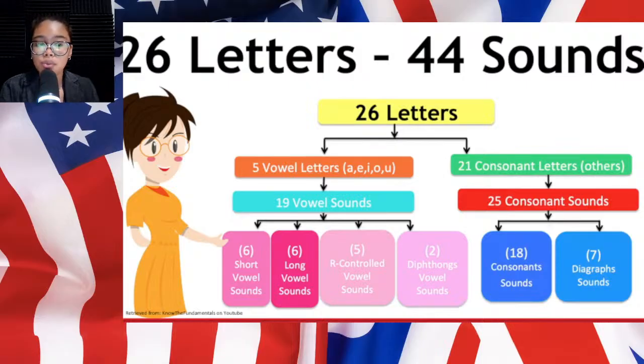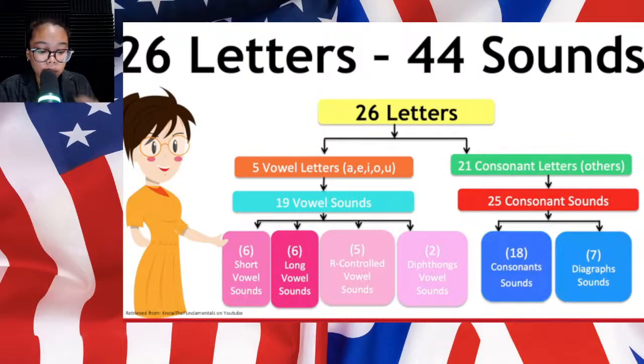So we can assume, not assume, but yes, there are consonant letters that have only one sound. Now there are just some of which that have multiple sounds. So what makes the pronunciation of the English language trickier is the vowels themselves.